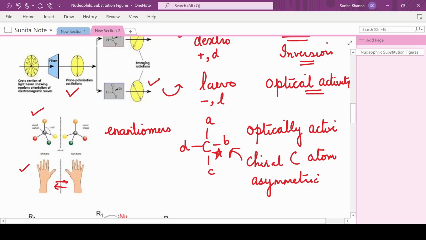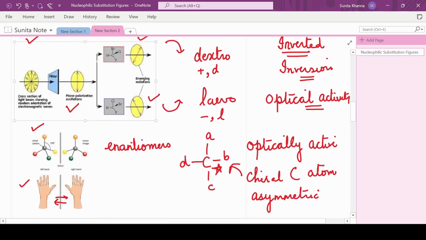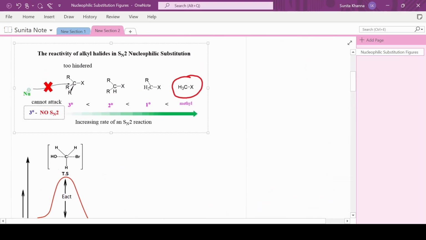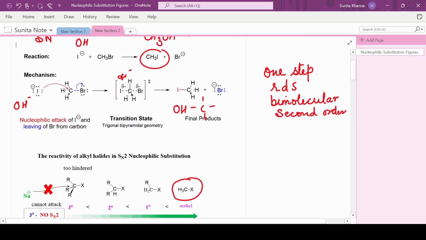Okay, so when we are talking about SN2 reactions, we see that we are getting the inverted product. The leaving group leaves from here, and the attacking nucleophile comes from the opposite side and gets attached here.